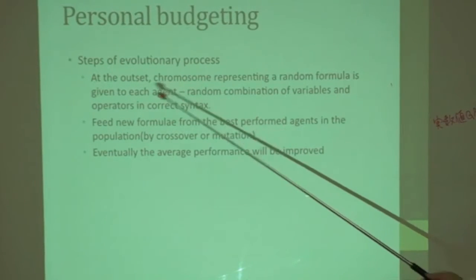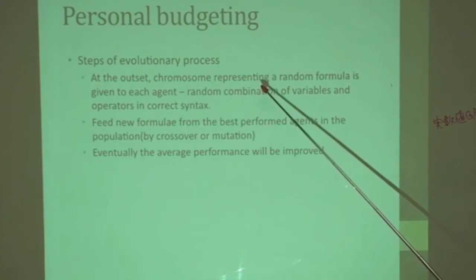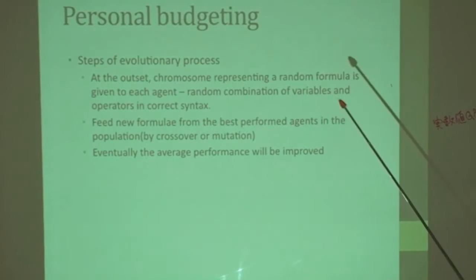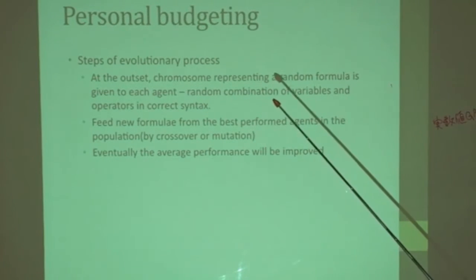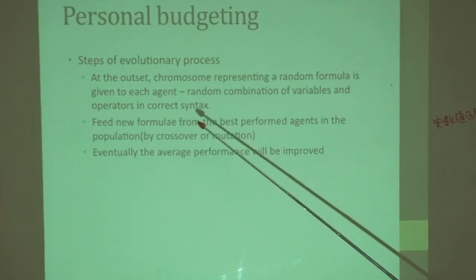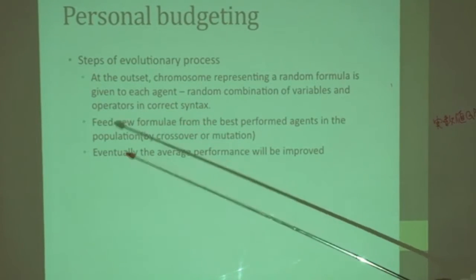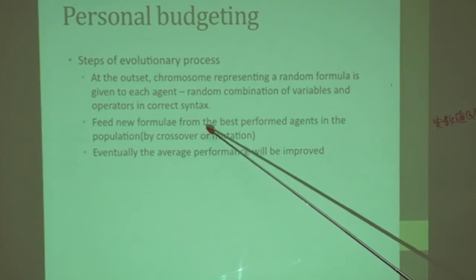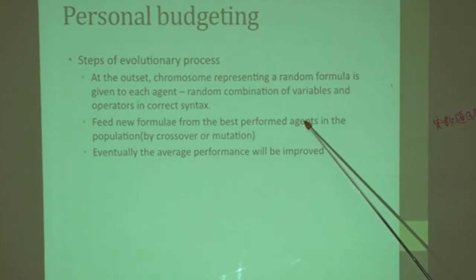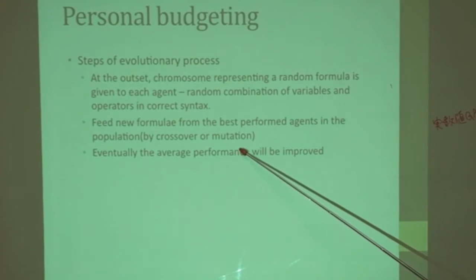Steps of the evolutionary process. At the outset, a random formula is given to each agent: a random combination of variables and operators in correct syntax. Feed new formula from the best performed agent in the population by crossover or mutation.